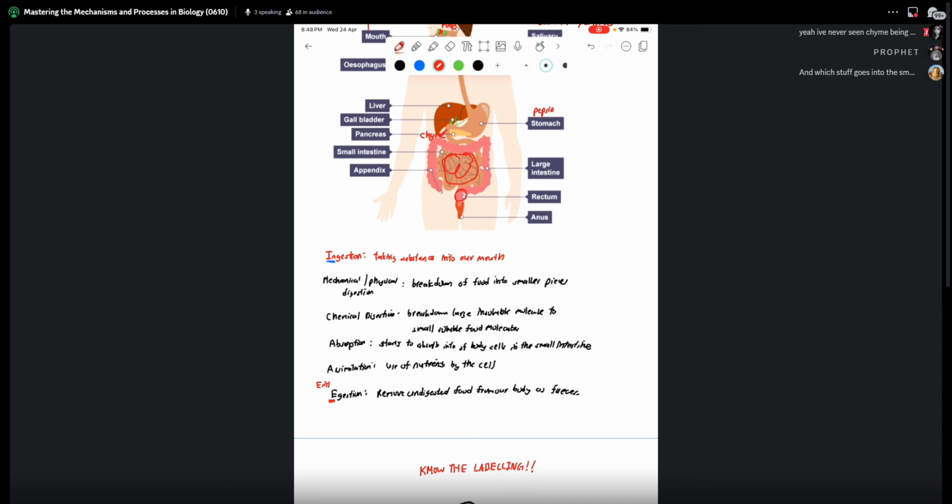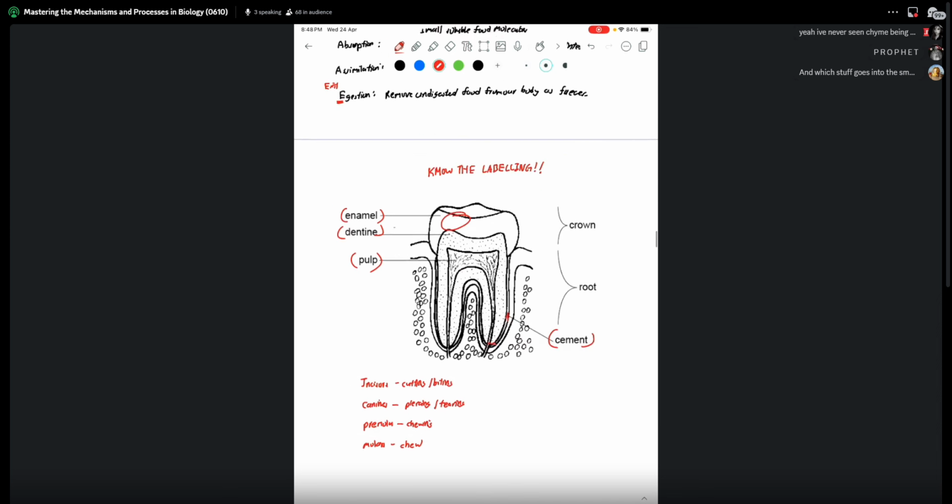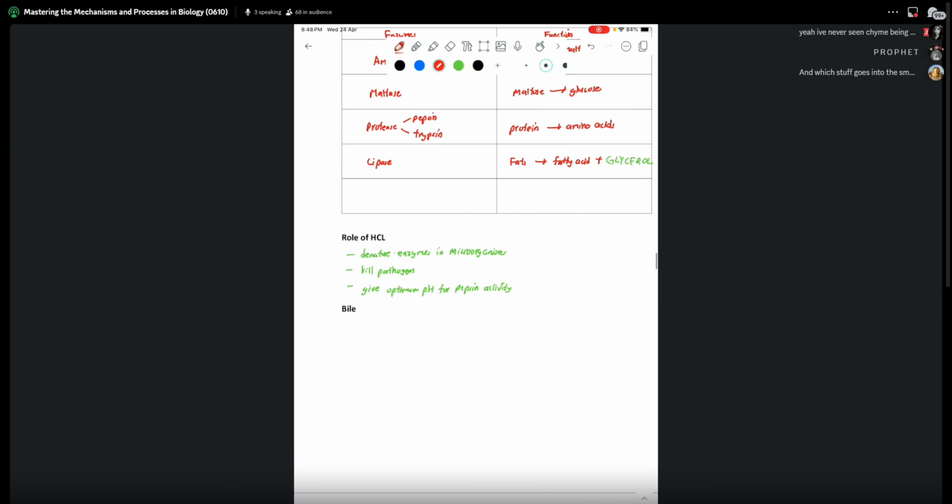Then we have bile. Bile will undergo emulsification. Remember, the liver produces it and the gallbladder stores it. Bile is in an alkaline condition.